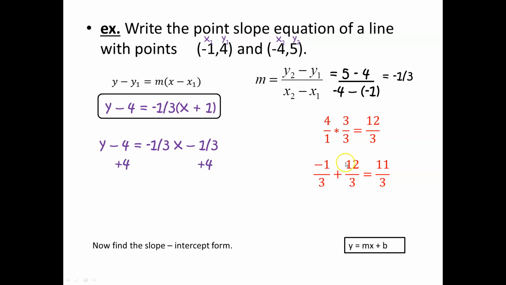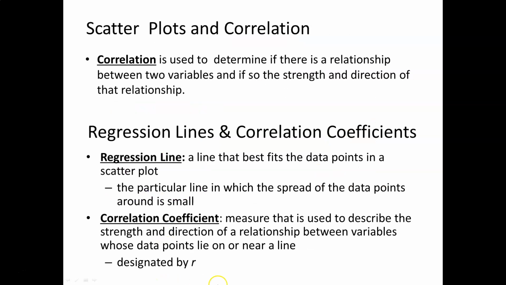So pretty much if you had 4 sandwiches that you were cutting into 3 pieces each, you would have 12/3 of sandwiches, right? If you take away one of those thirds, now you have 11/3 of sandwiches. All right. So we get y equals -1/3 x plus 11/3, and that's our slope-intercept form.